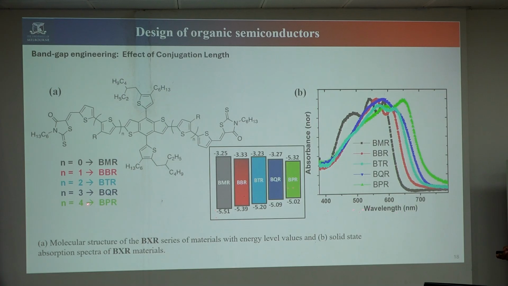When you have a low band gap, we have extended absorption. As the band gap increases, your absorption capacity will decrease. This shows how conjugation affects your absorption.